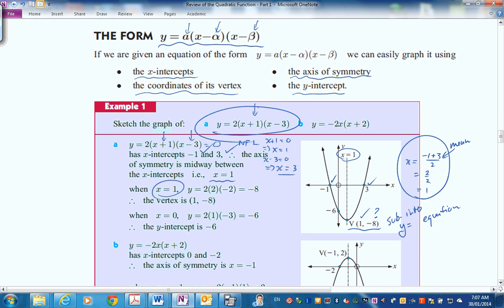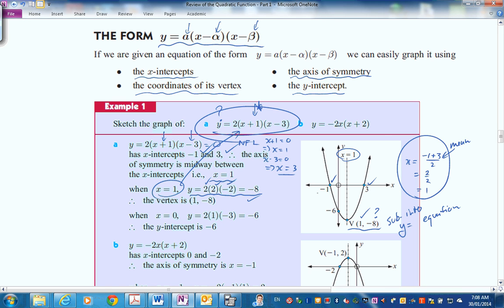So here we put the x values in and find out what the y must be to be consistent with the other points on this particular shape. So here we are, they're doing it down here. There's the 2 out the front, x plus 1 is 2 and x take 3 is negative 2. Substituting it in there. Okay, so we've got the vertex.